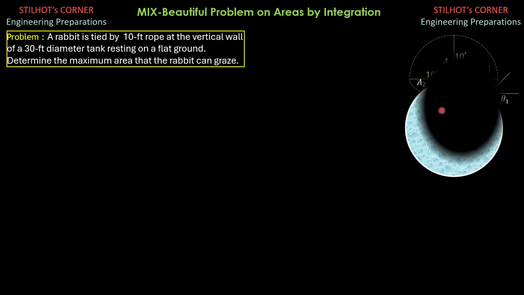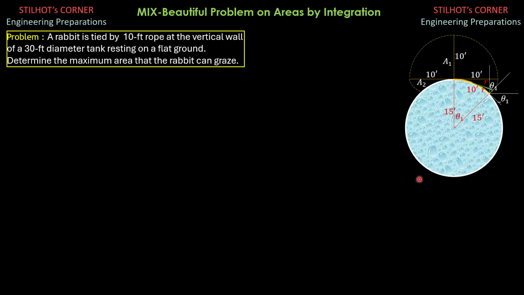We have a circular cylindrical tank which is 15 feet in radius because the diameter is 30 feet, and this is the area that the rabbit can graze, bounded by this dashed curve and the wall of the 30-foot diameter cylindrical tank.